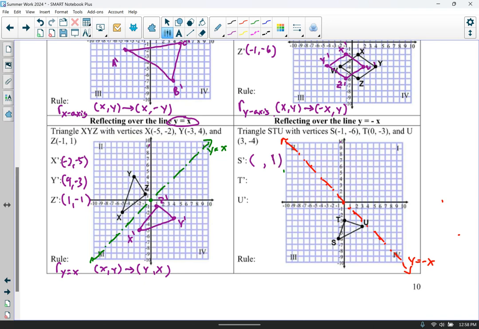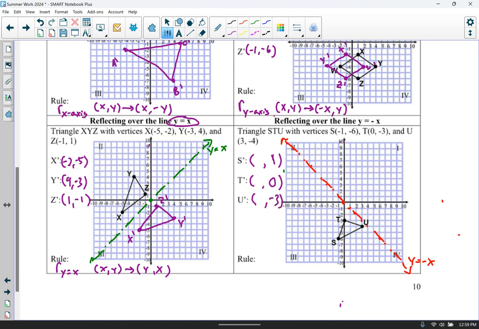And we'll come back and we'll talk about the x's in a moment. Okay. So T, (0, -3). The y is going to be the x times -1. 0 times -1 is just 0. And then U, (3, -4). So our 3 times -1 will be -3. So we figured out our y coordinates.